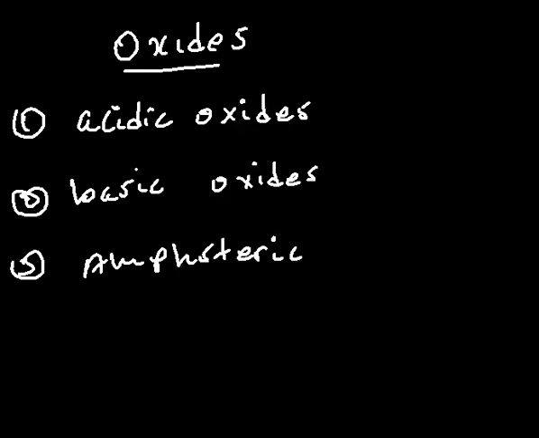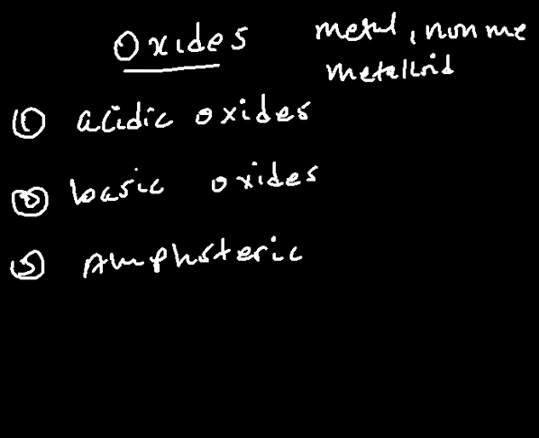So keep in mind that elements are classified as metals, non-metals, and metalloids, or semi-metals. The oxides formed from metals are said to be metal oxides, the likes of sodium oxide.